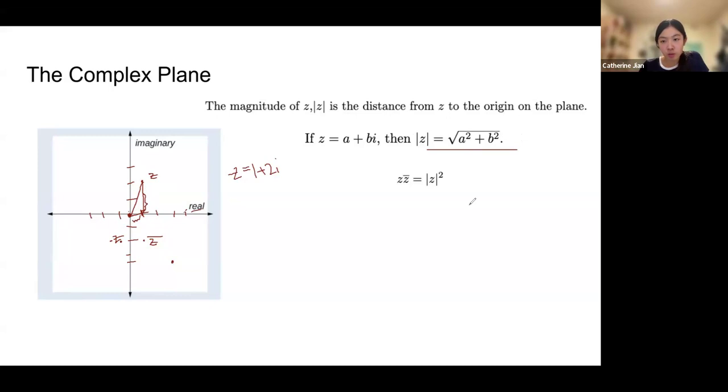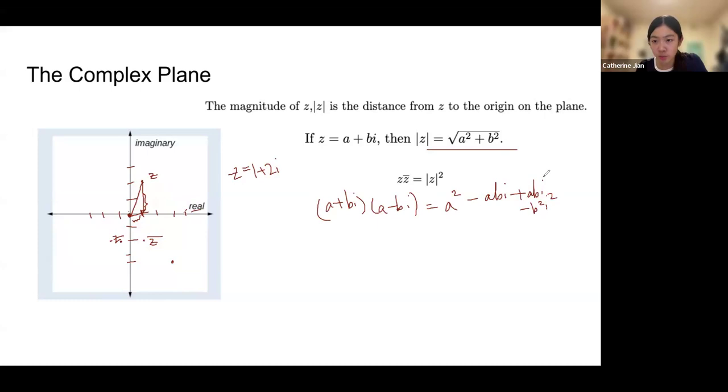And another property that is true is that z times the conjugate of z is the absolute value of z squared. I think we probably already used this in the last problem. So (a plus bi) times (a minus bi) is equal to a squared minus abi plus abi, and then minus b squared i squared.